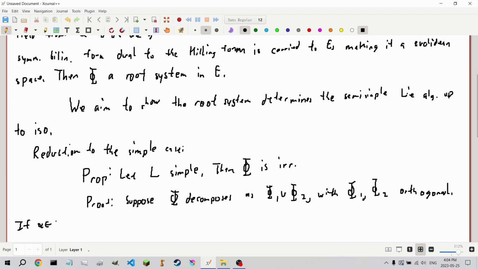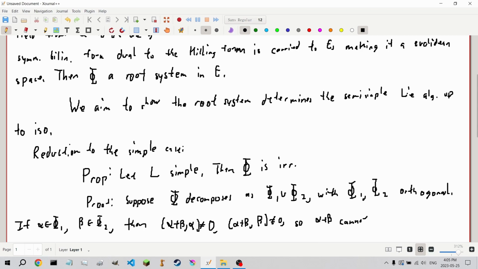If alpha is in Phi1 and beta is in Phi2, then the form of alpha plus beta on alpha is non-zero, and likewise the form of alpha plus beta on beta is non-zero. So alpha plus beta cannot be a root.